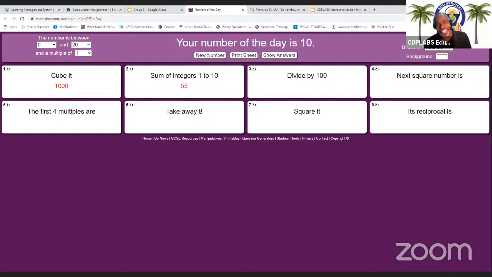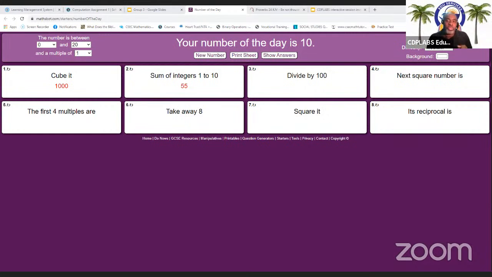Wow, good girl. That's correct. Very good. 55. Just in case persons are wondering how she got 55, she added 1 to 2, then 3. She added up all the numbers from 1 to 10.